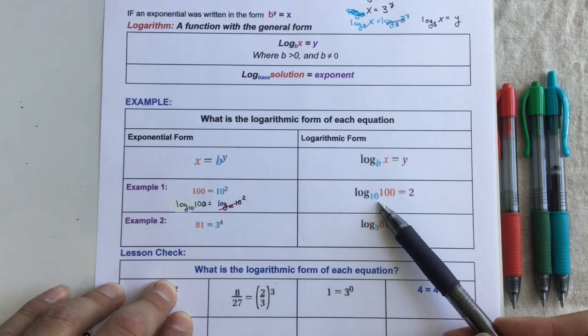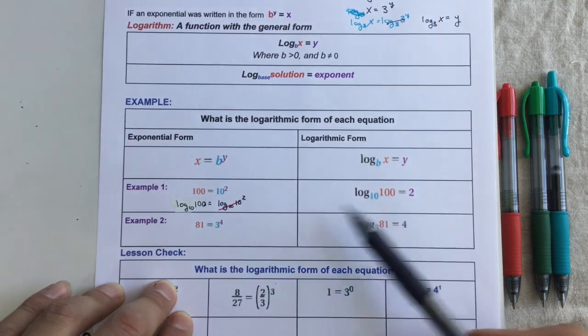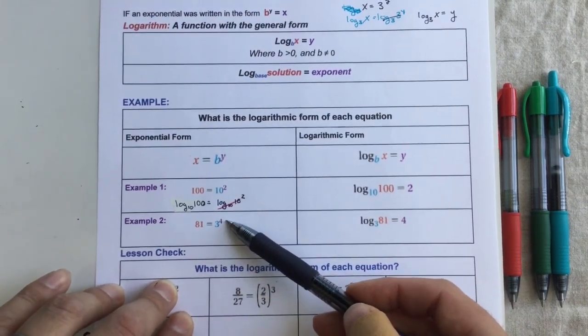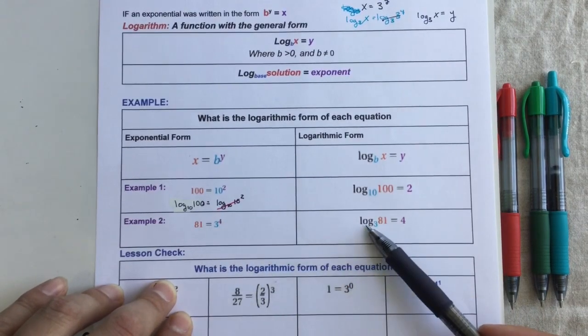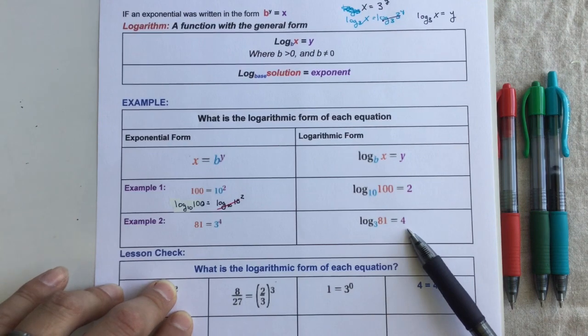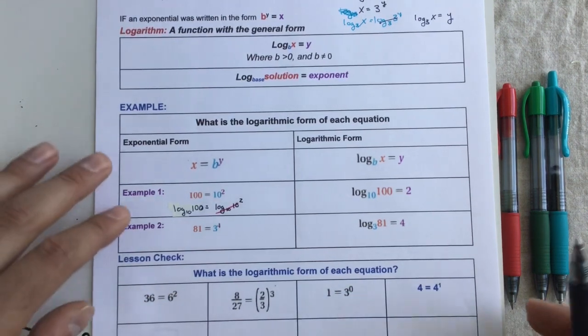So log base 10 of 100 is going to equal 2. In this example, if this is our solution, here's our base, here's our exponent: log base 3 of our solution equals the exponent.